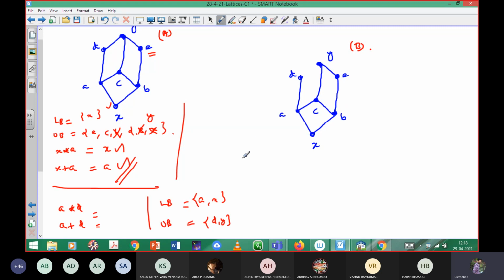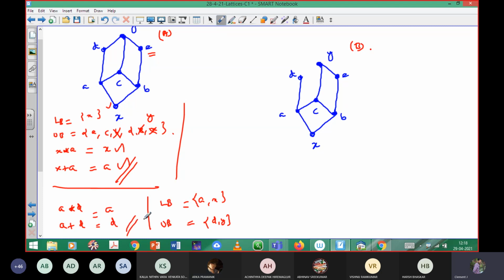So likewise, you should get proper practice by solving more problems. Then only you will get a strong idea to easily predict the exact answer. Now, what is the GLB of A and D? A. Very good. Next, what is the LUB of A and D?